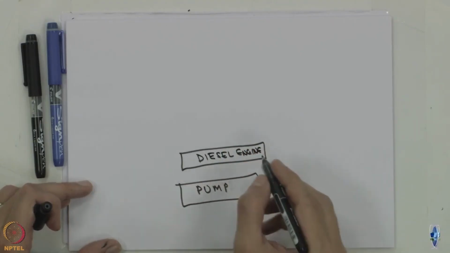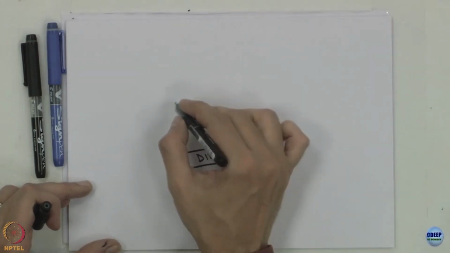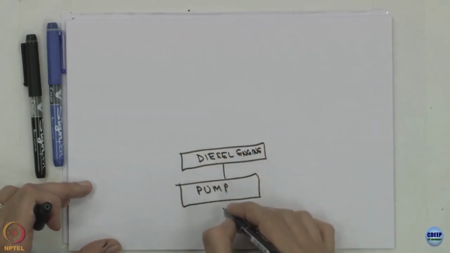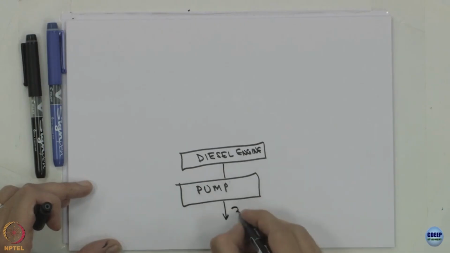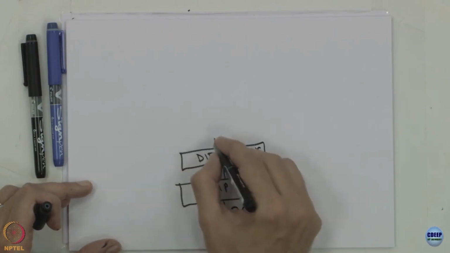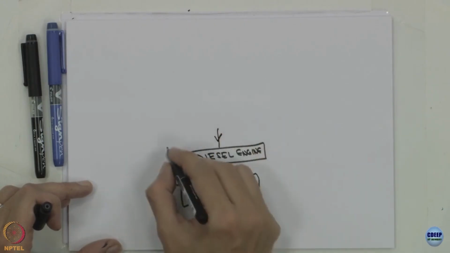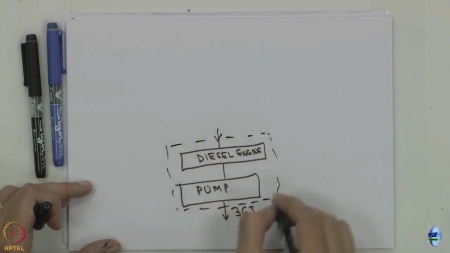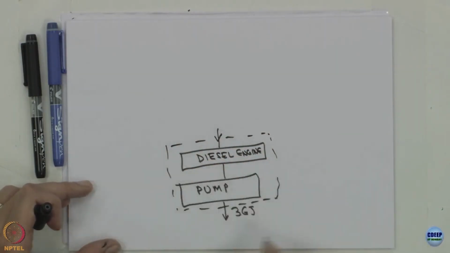Then the diesel which is coming to the farmer, this is the final energy, this is 3 gigajoules, and this is the diesel which is being bought. This is our farmer's boundary.